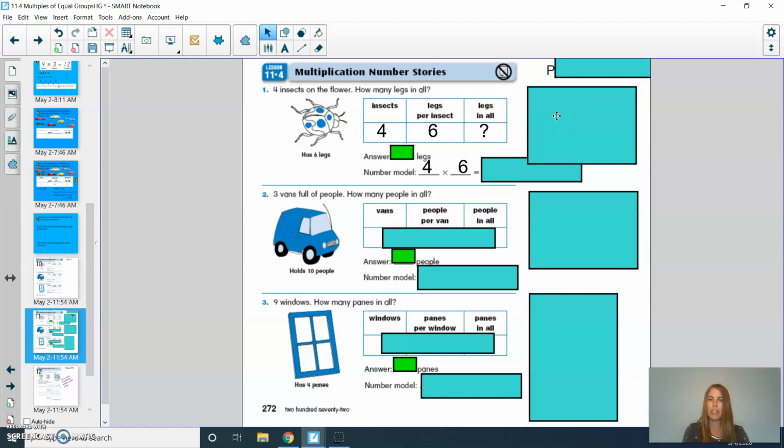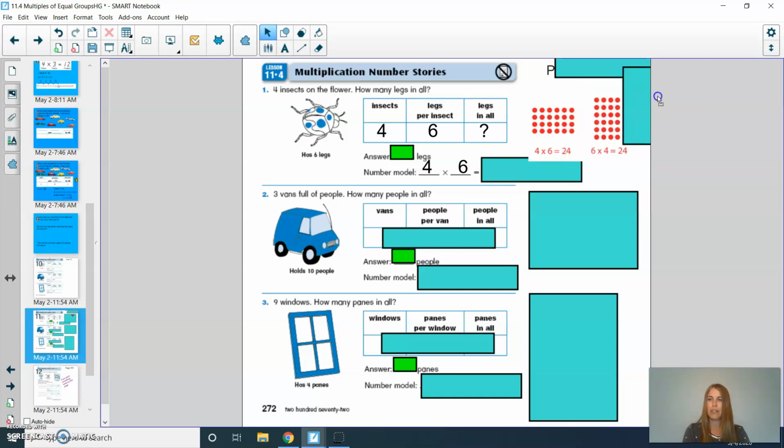Now, one way I'm going to do it for this one is think about it in an array. So I can think about 4 times 6 equals 24. I can also think 6 times 4 equals 24. So I know that my answer is 24 legs. And I figured that one out by drawing a picture or using an array.